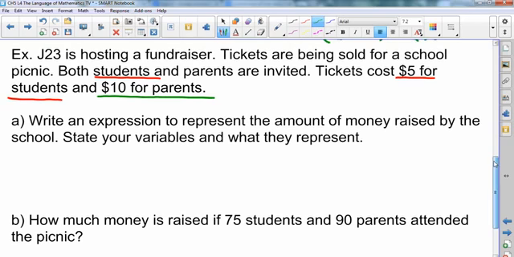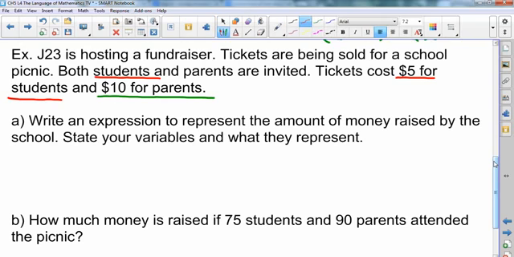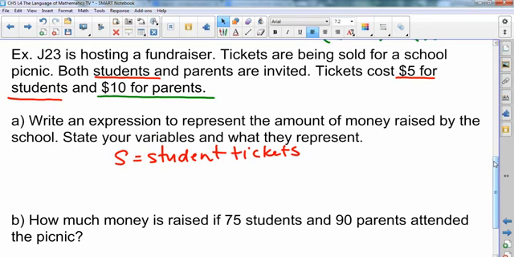So we need to come up with an expression that represents the amount of money raised by the school. So we're going to have two different variables, right? Because we're going to have some amount of student tickets. So let's say that we're going to use S to stand for student tickets. And then we have parent tickets.